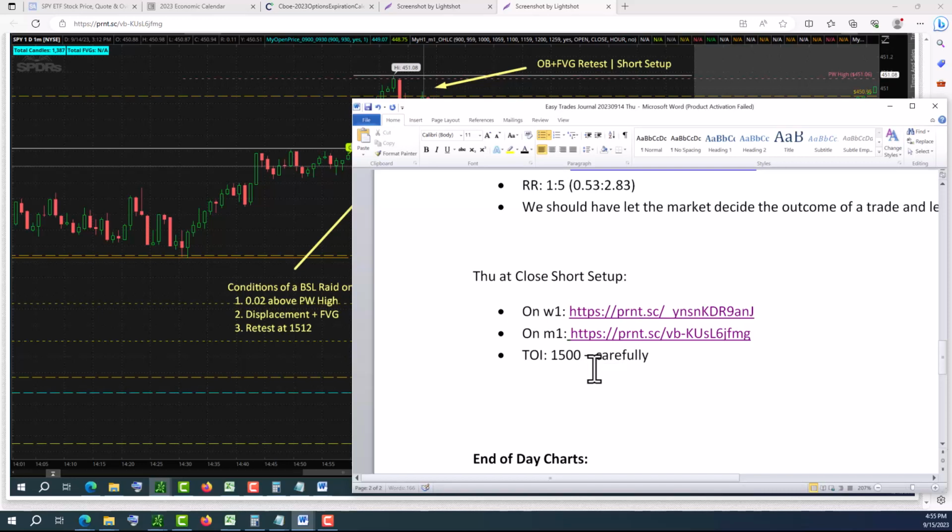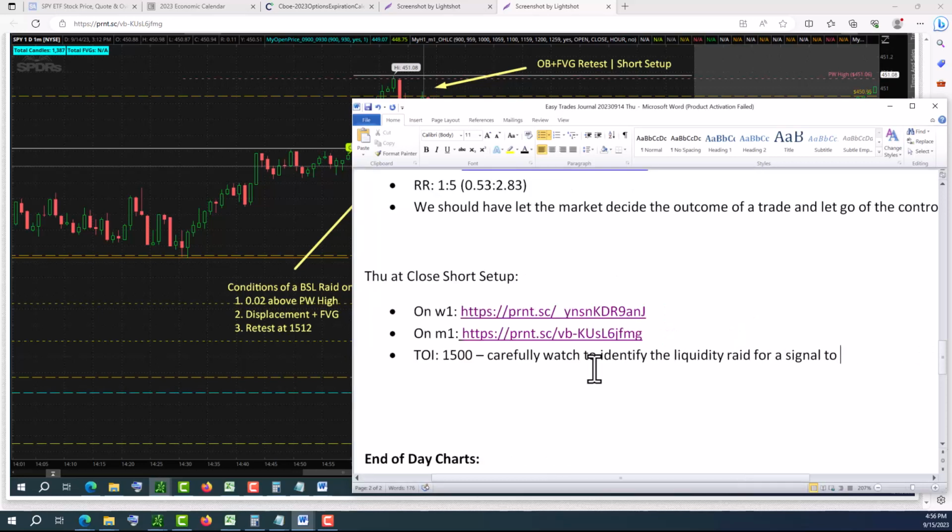Carefully watching to identify the liquidity raid for a signal to go short or long, right?